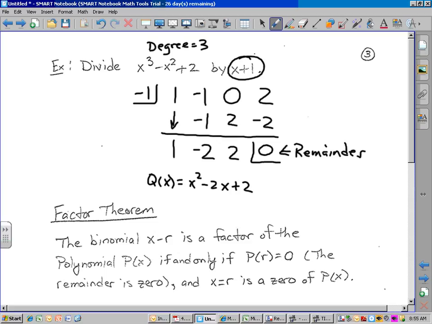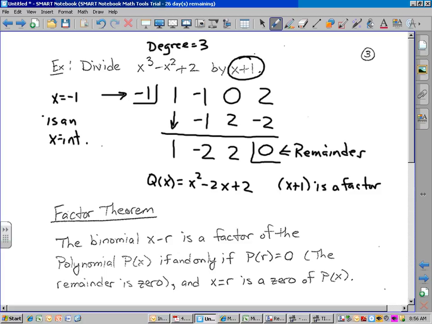That tells us that x plus 1 is a factor, and the number, in other words, x equals -1, is an x-intercept on the graph.